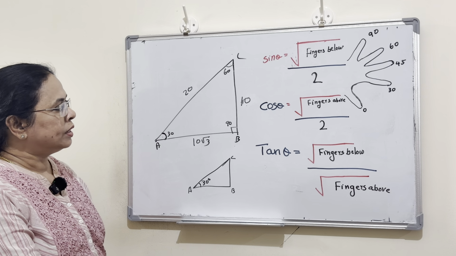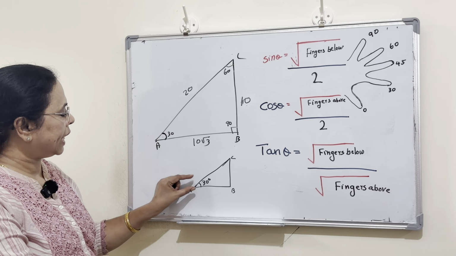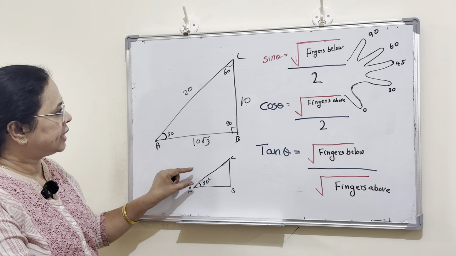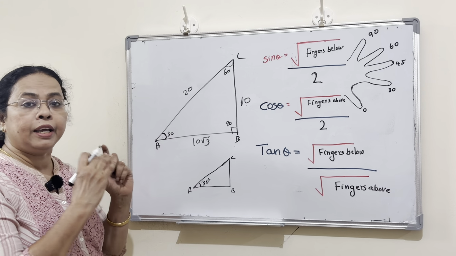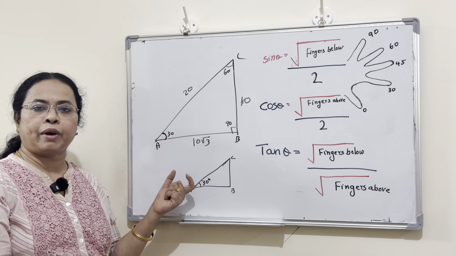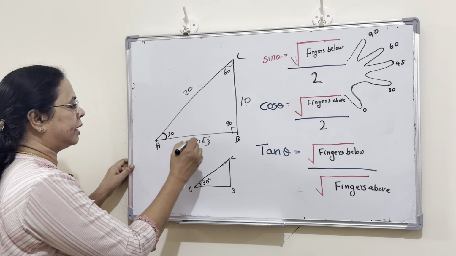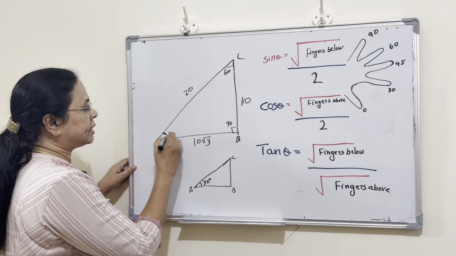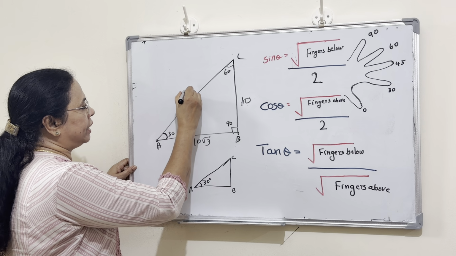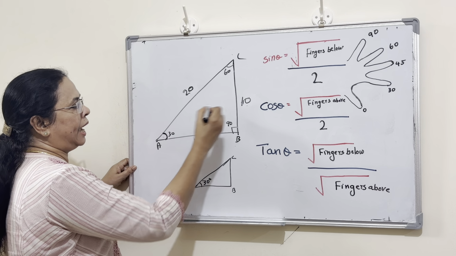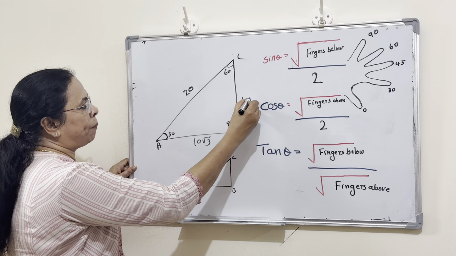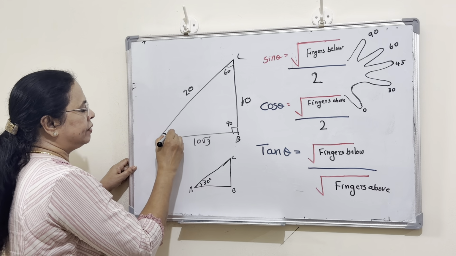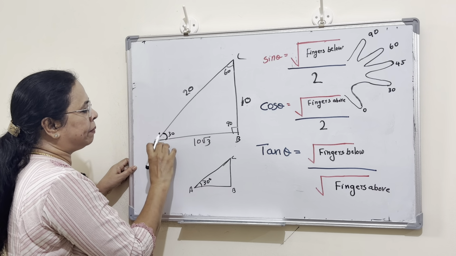Suppose here this hypotenuse is 20 and the opposite side is 10, with the angle being 30 degrees. Then sine of angle 30 will be what?